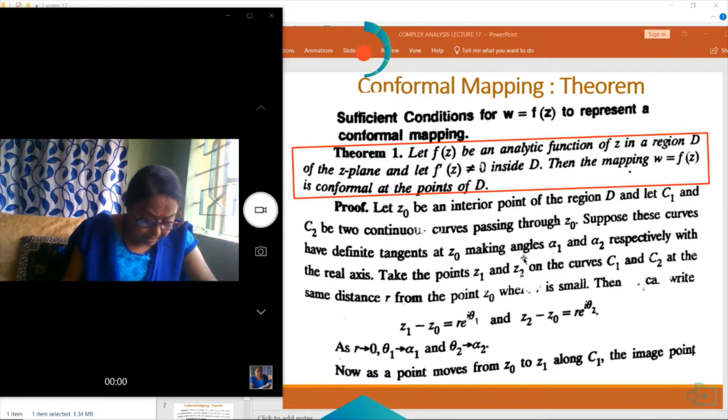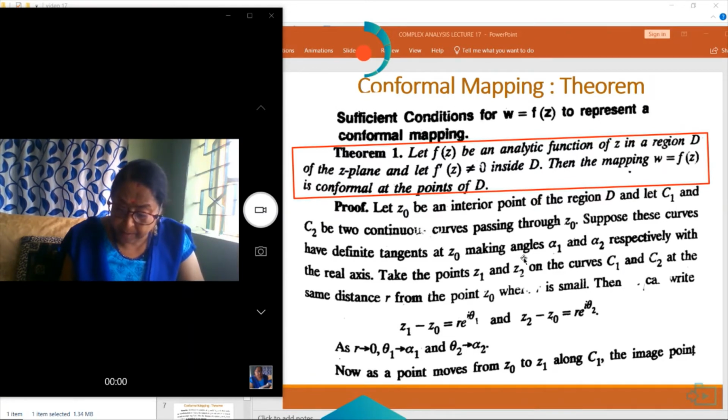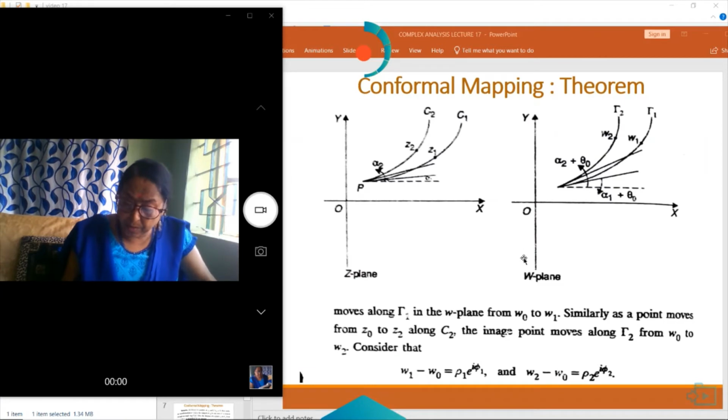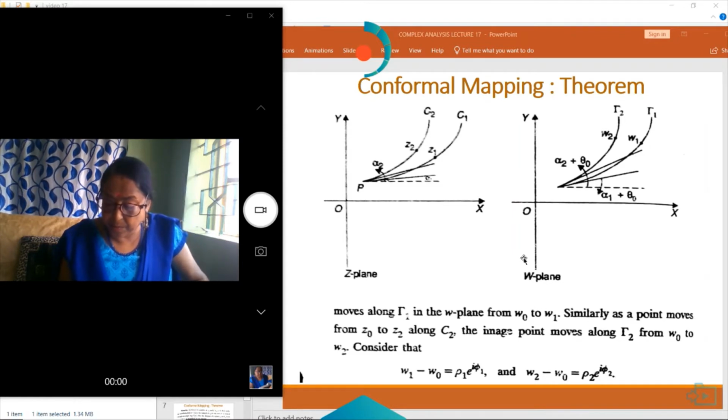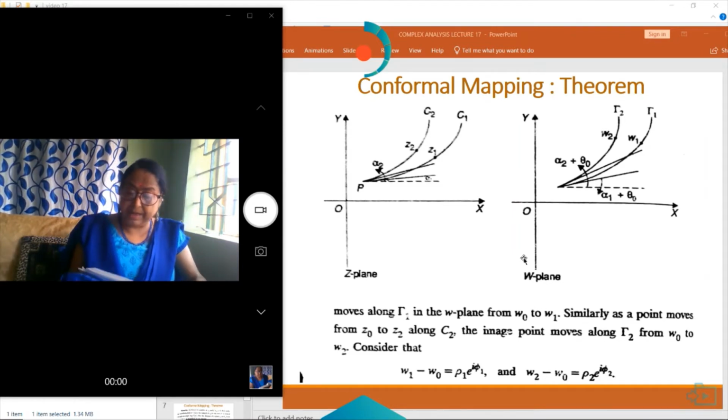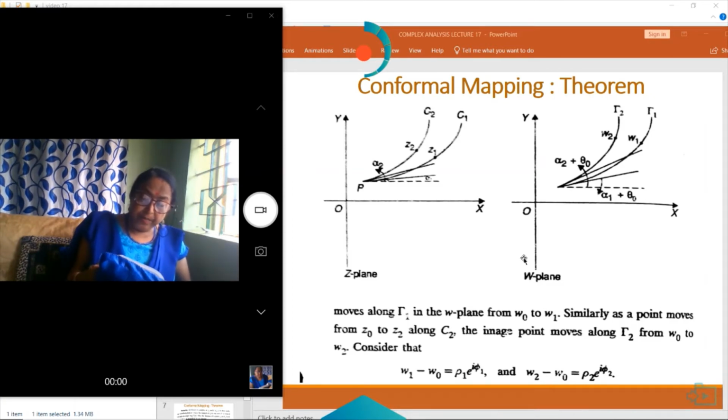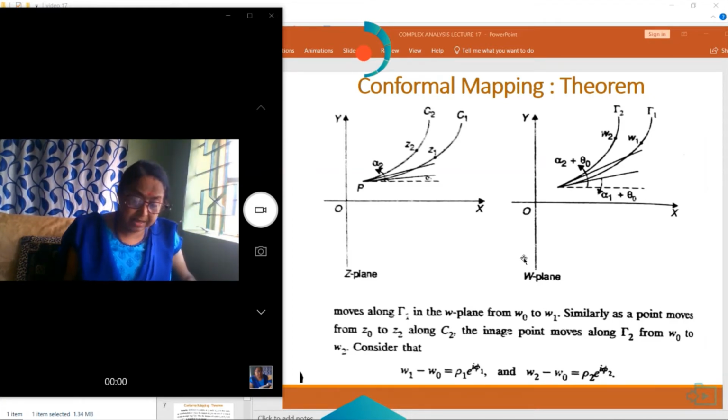Now as the point moves from z0 to z1 along C1, the image of the point moves through tau 1 in the w plane from w0 to w1. Similarly, as a point moves from z0 to z2 along C2, the image is tau 2, from w0 to w2.